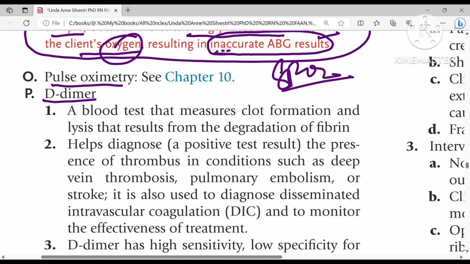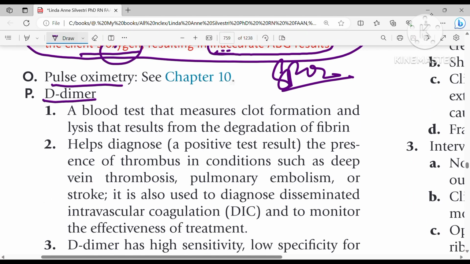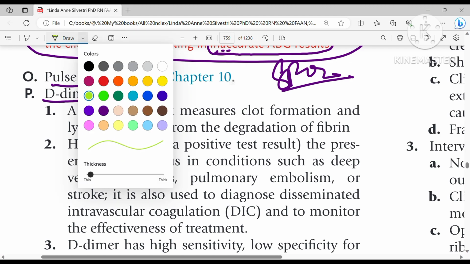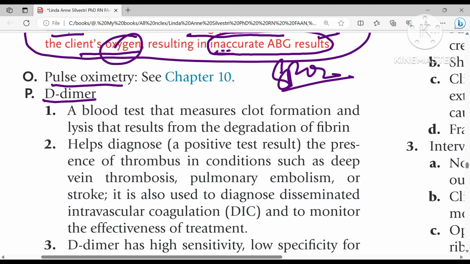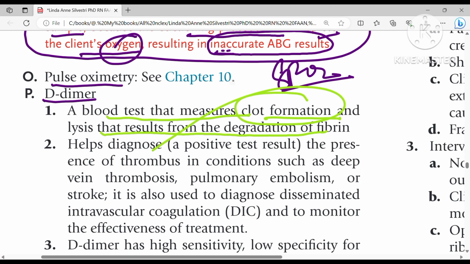Now the next one is the D-dimer test. So what is the D-dimer test? This is also important. This is a blood test that measures clot formation, and the lysis results from the degradation of fibrin.